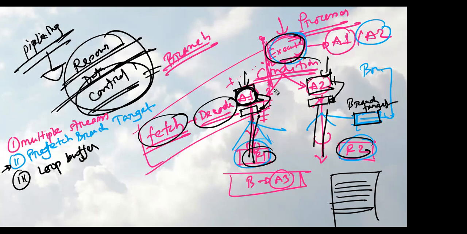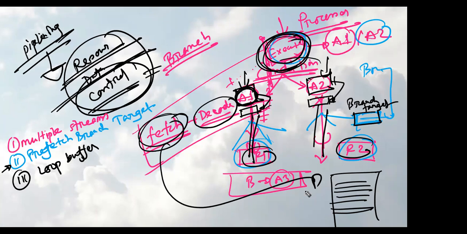So before executing any branch instruction, it will just look at this buffer: is this instruction already executed earlier or not?